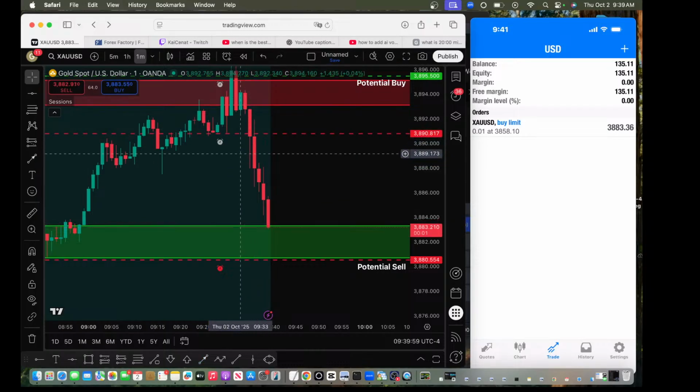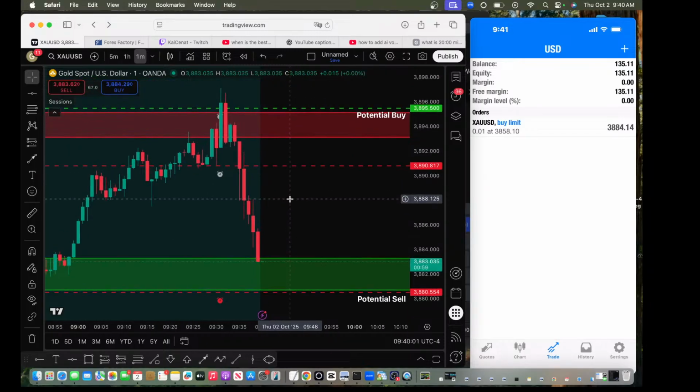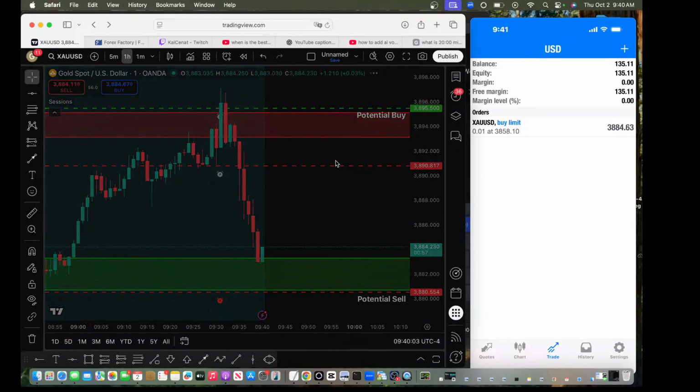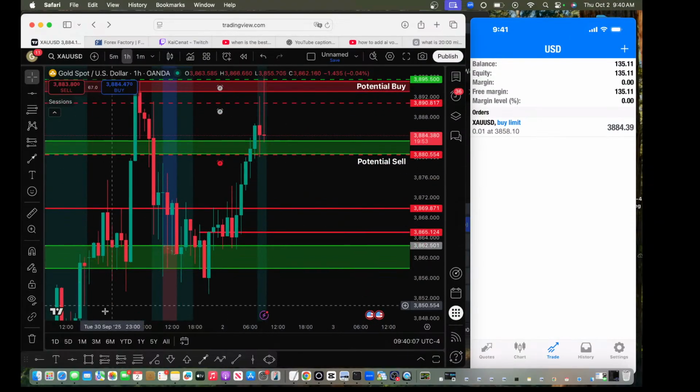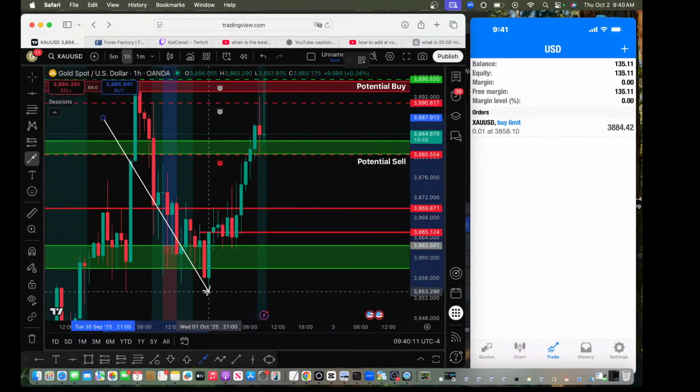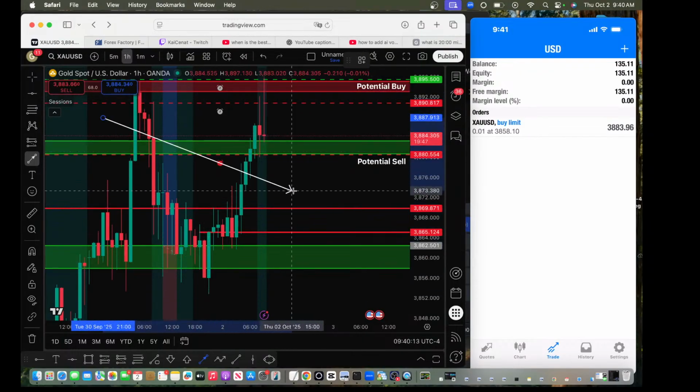The reason this was an okay trade to sell is because last time price hit this area, it literally dropped all the way from here to down here. And as I told you before, this is a non-news day, meaning there's going to be a lot of back and forth, or price is just going to continue to shoot up.